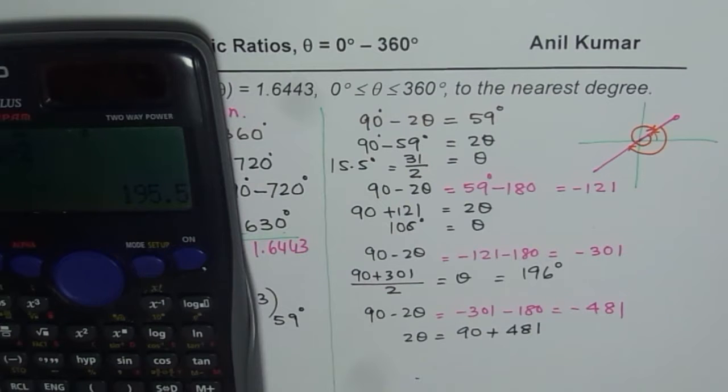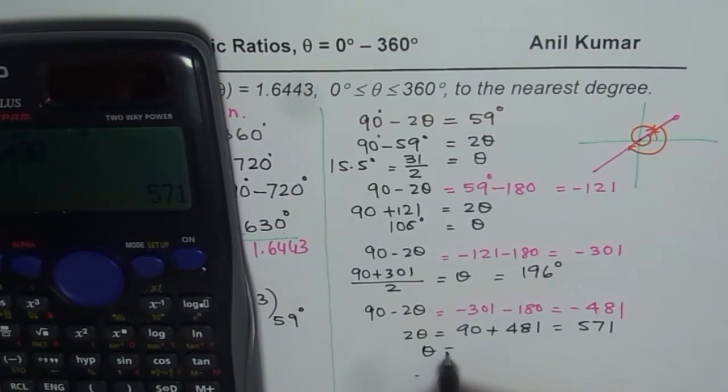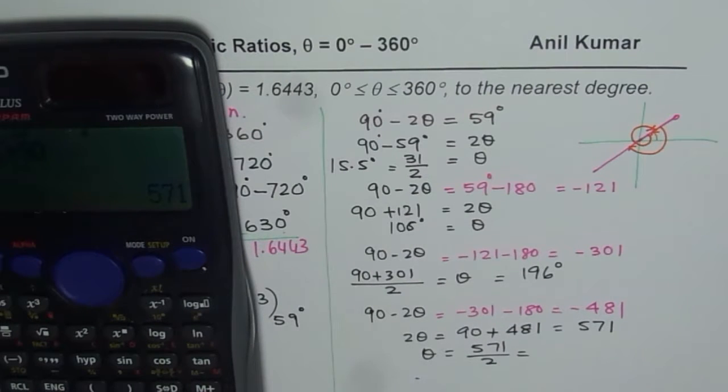Let me add this now. 481 plus 90 equals, I'm just showing you different ways of doing the same thing. So theta equals 571 divided by 2. Now we'll divide this by 2 and we get 285.5, which approximates to 286, right? So 286 degrees.